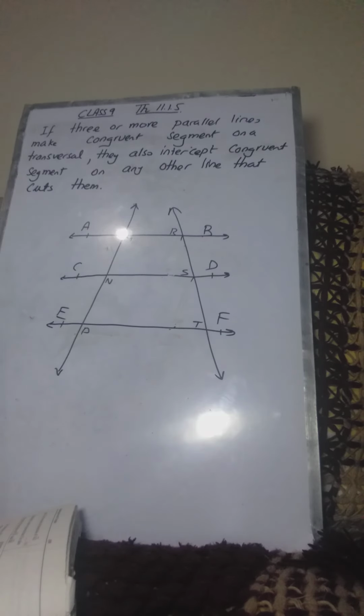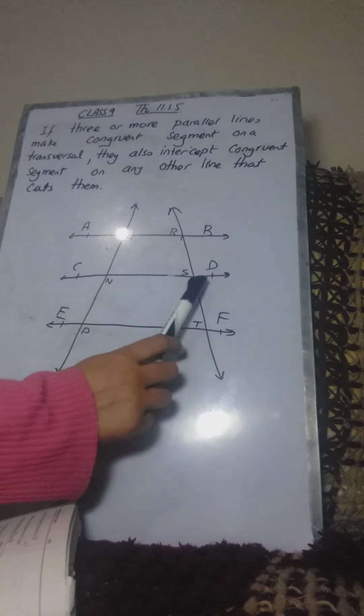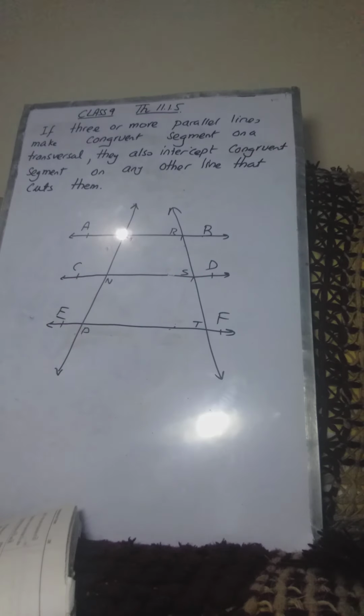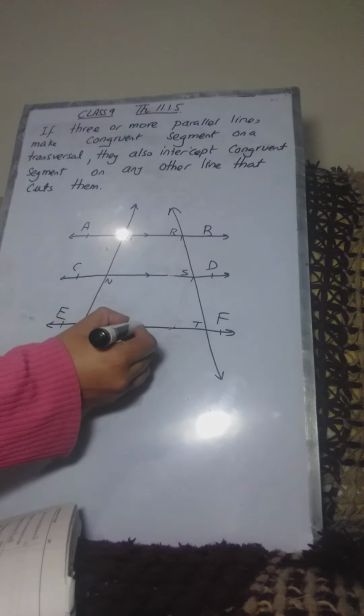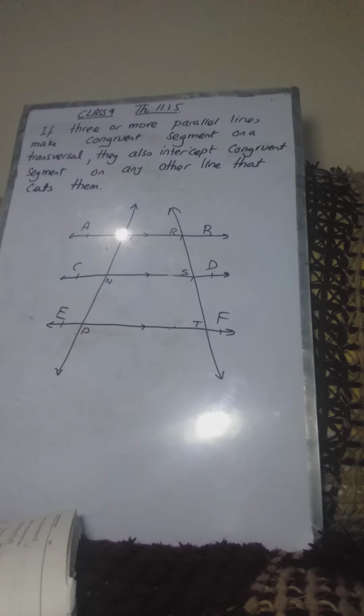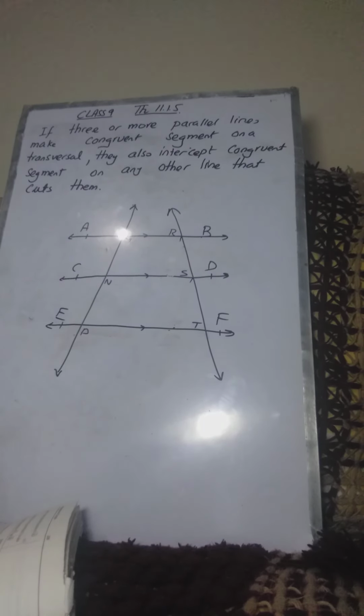What it means is that if you have three or more lines which are parallel. Okay, so you have three parallel lines. The same can be proved for more than three lines. We are going to prove for three lines only, and the same result can easily be proved in the same way if the lines are more than three.